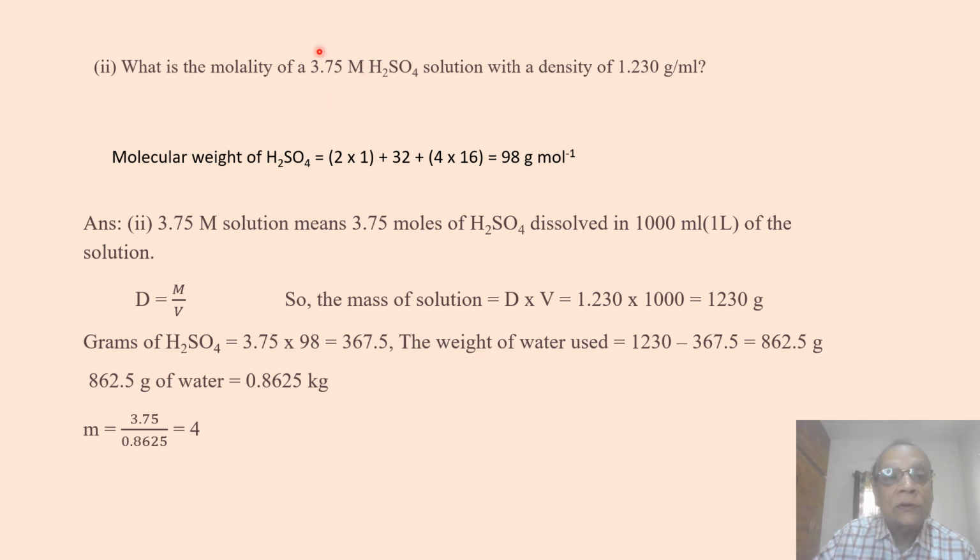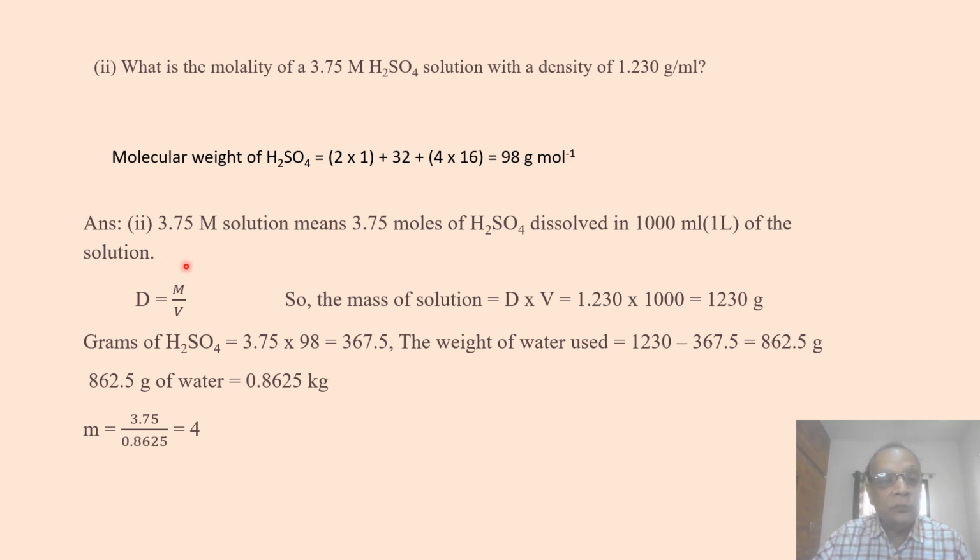So this is the strength of the solution, or concentration of the solution, also known as strength of the solution. The molecular weight of H2SO4 is 2 into 1, because hydrogen atomic weight is 1; 32, we have only one S, so 32 into 1 is 32; and we have 4 oxygens, so 4 into 16 is 64. Total is 98 grams per mole. 1 mole of H2SO4 is 98 grams.